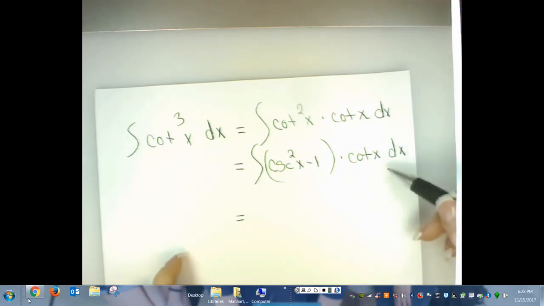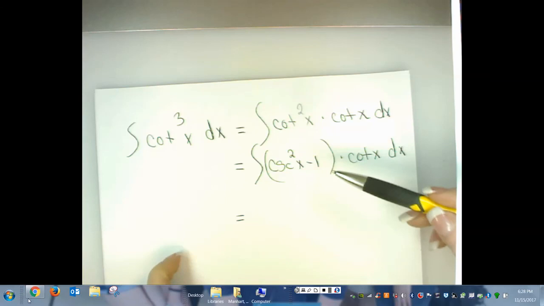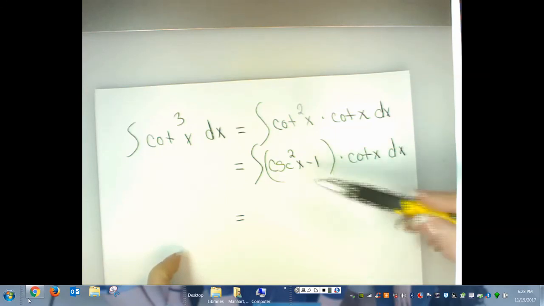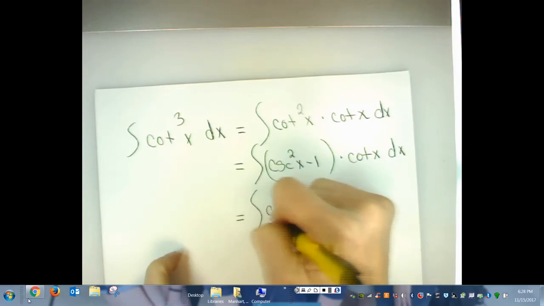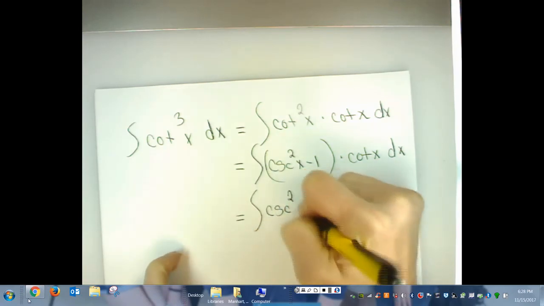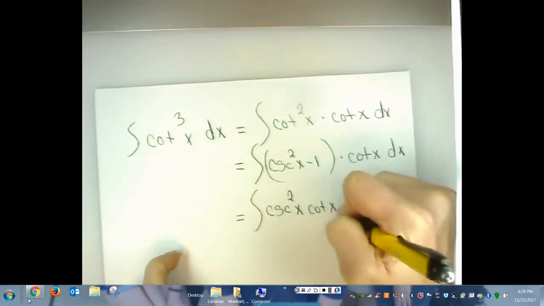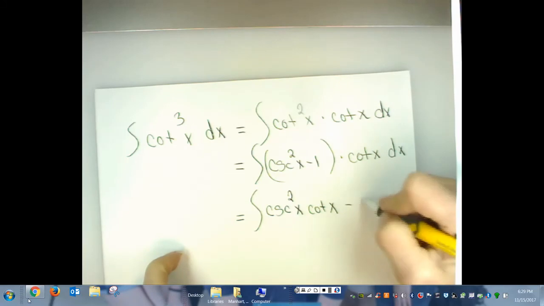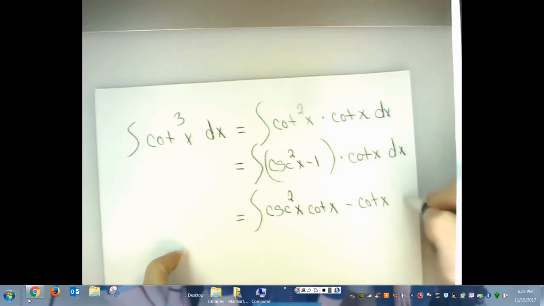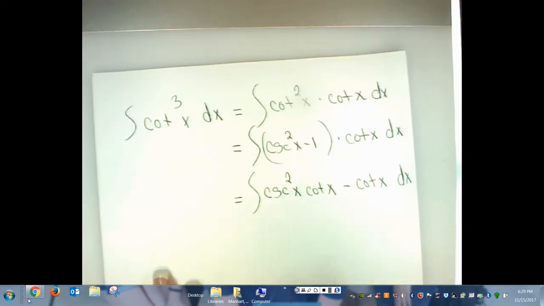Then another thought is to distribute cotangent to both the cosecant squared and the negative 1. So you have the antiderivative of cosecant squared x cotangent x minus cotangent x dx. And then you may say, well, why don't I try breaking that up into two integrals?